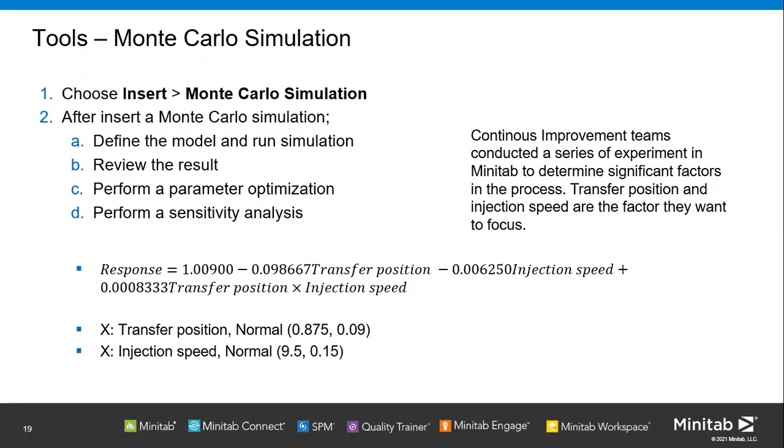So this is the step: you need to define the model, then run the simulation, review the result, then perform the parameter optimization, and then perform a sensitivity analysis. I will show how to do it with this one.